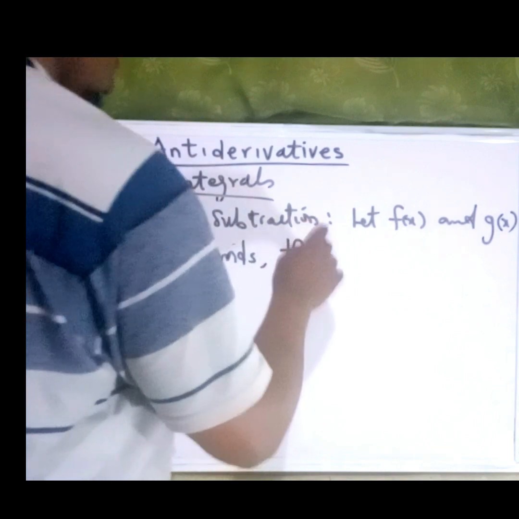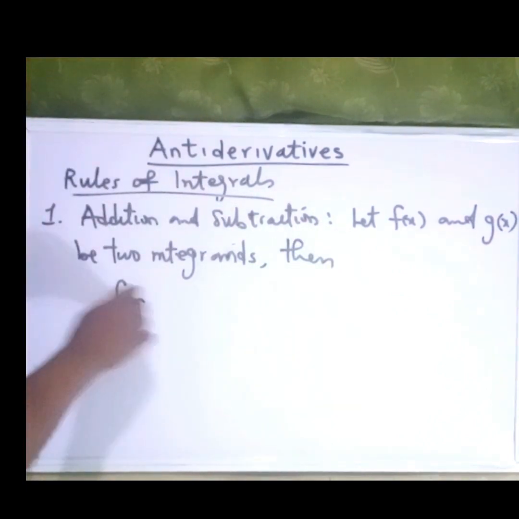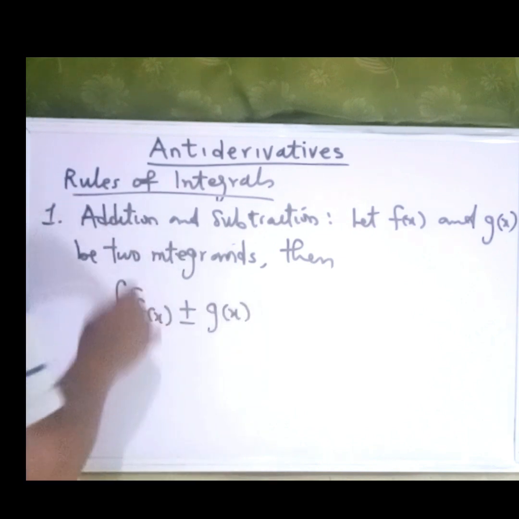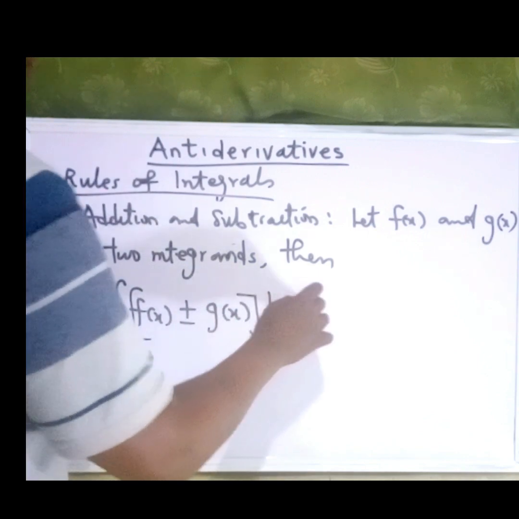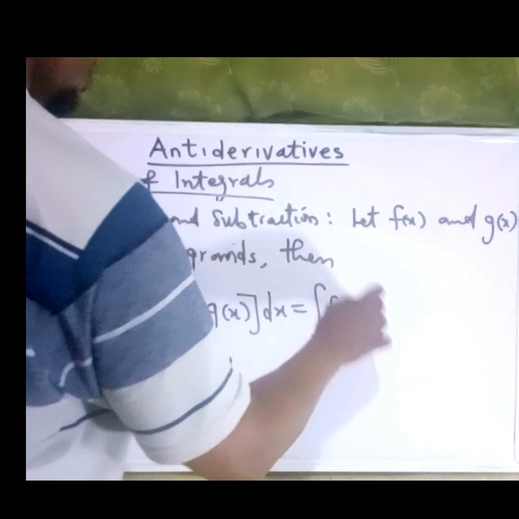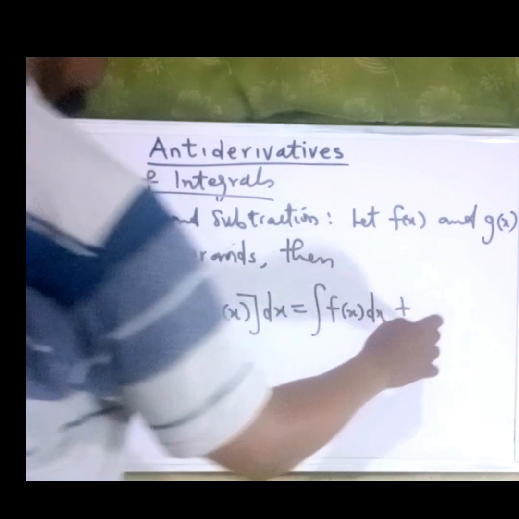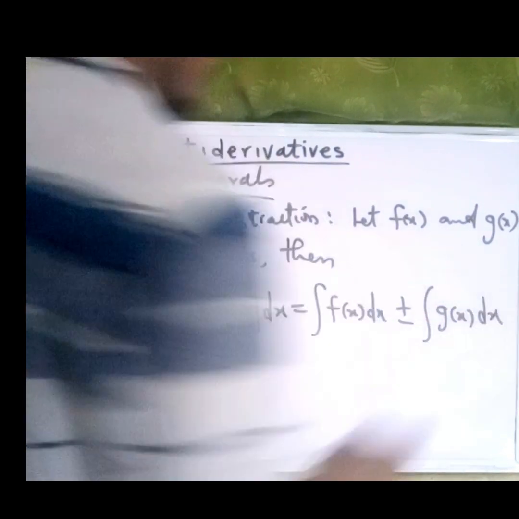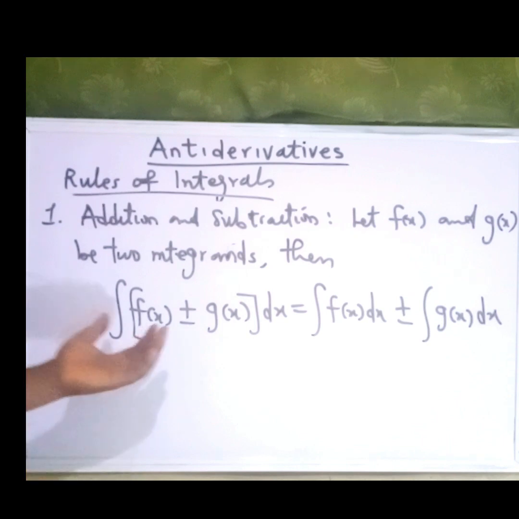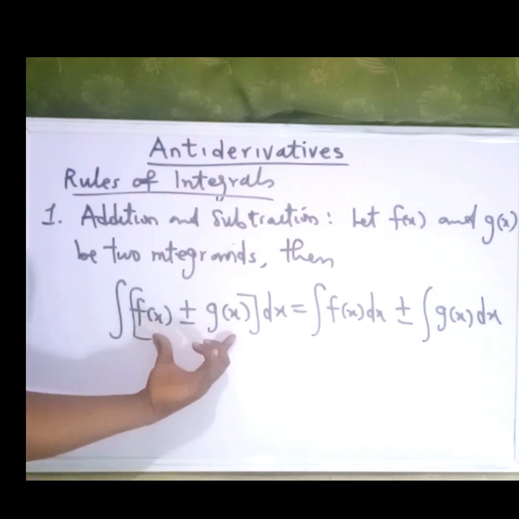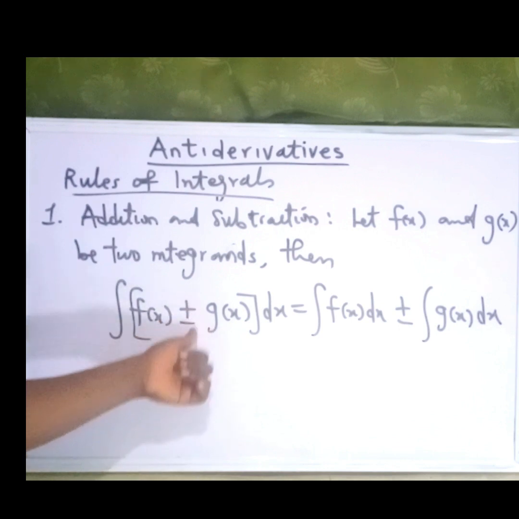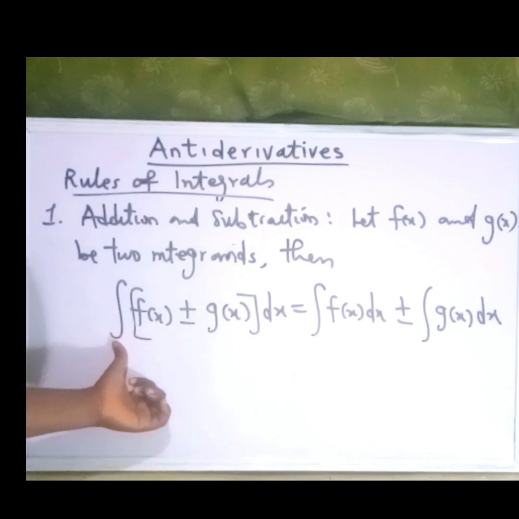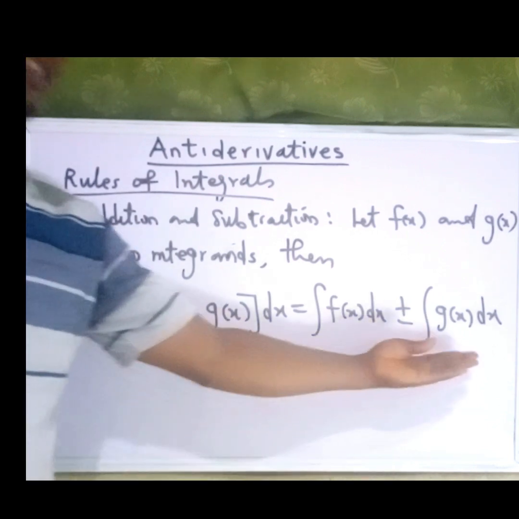Then the integral of f of x plus or negative g of x dx is similar to this. So under the sum and difference, if you have two different functions whose relationship is either addition or subtraction, this integral sign will be distributed to them, and it is given like this.